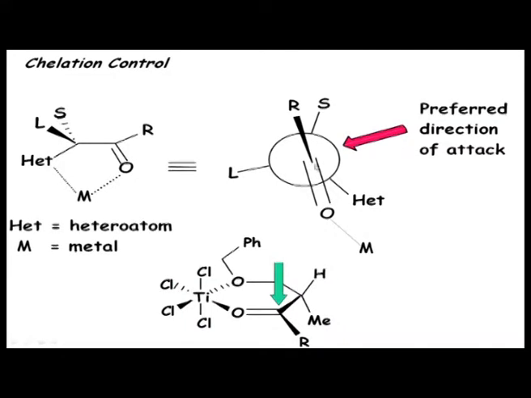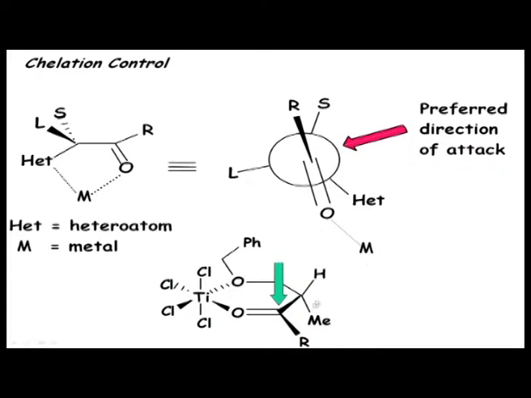So, what you have, this is the carbonyl. In the original Cram, L should be opposite to the carbonyl. In the dipolar system, the polar group should be opposite to the carbonyl. In case of groups which are able to form chelate, like the heteroatoms, then the heteroatom should be syn to the carbonyl, and if that is the case, then whatever conformation you get, the nucleophile will come from the side of the small group.